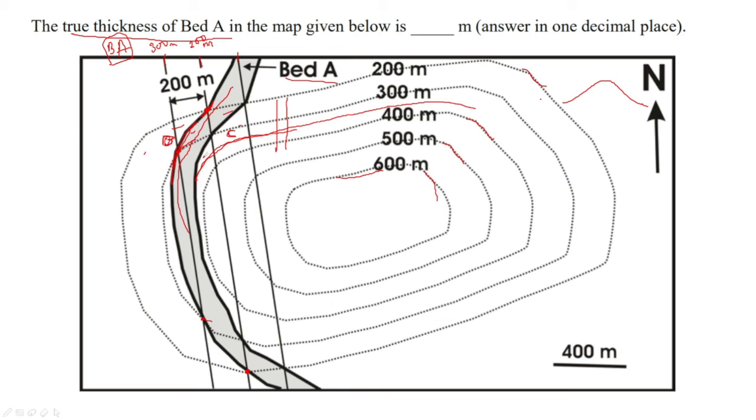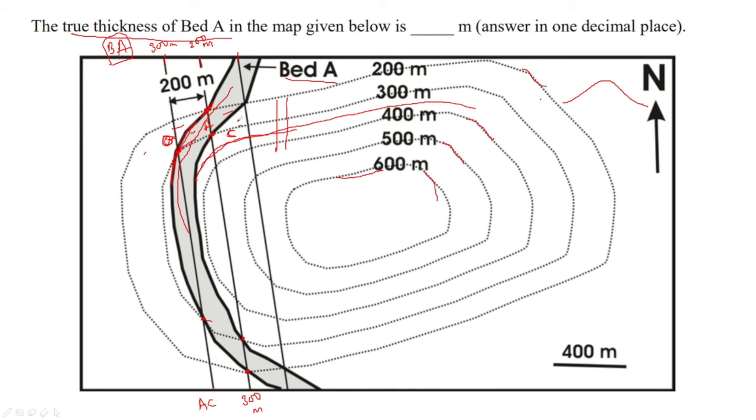Same thing you will see if you start to observe A and C contact, this is A. Here you can see this bedding plane is cutting a 300 meter contour at this point and at this point. We join these 2 points to get a 300 meter stratum contour for A and C contact.